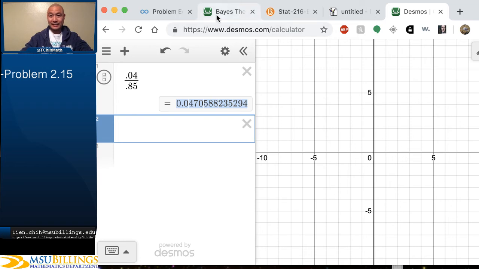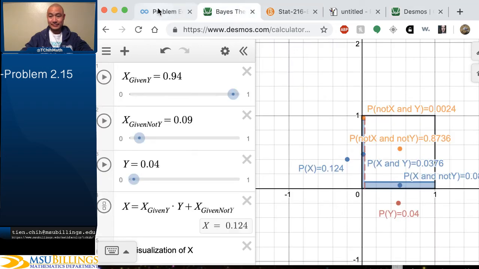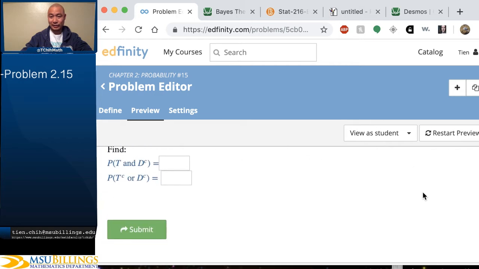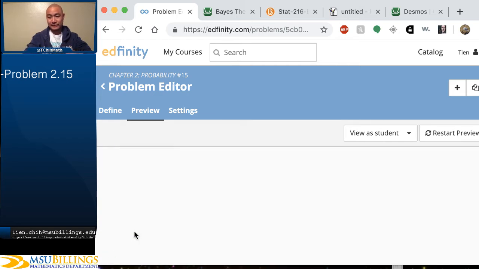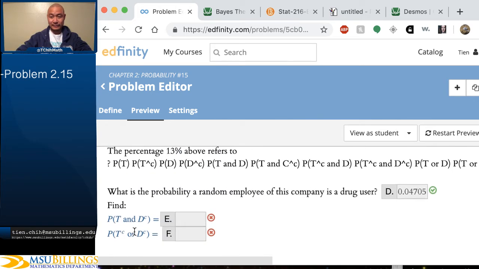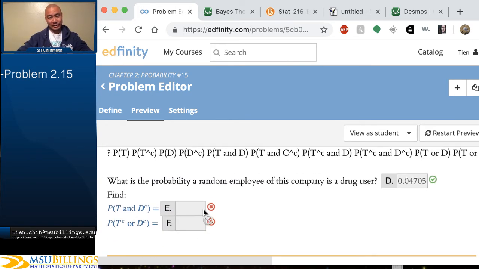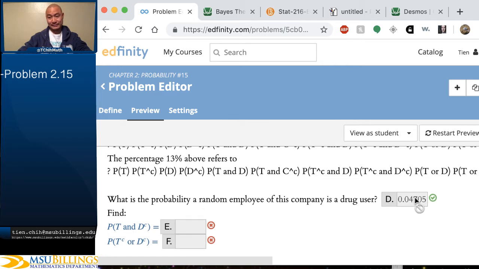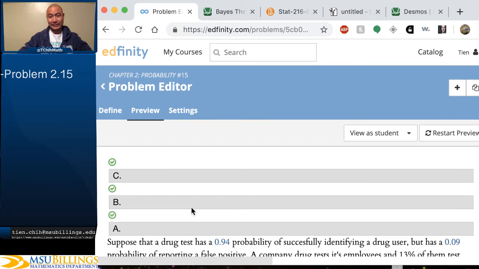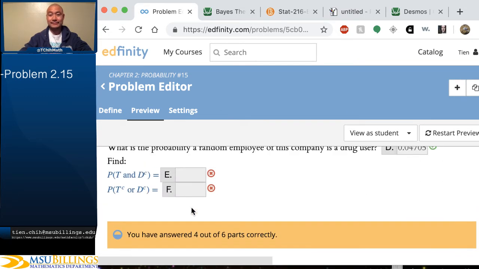So I could just take that, go over here, pop it in there, and hey, I think this would be a good time to go ahead and try to submit an answer. And, you know, shockingly enough, it marks these two as wrong, but my probability of using drugs here is correct. And of course, we correctly identify what each of the probabilities mean.